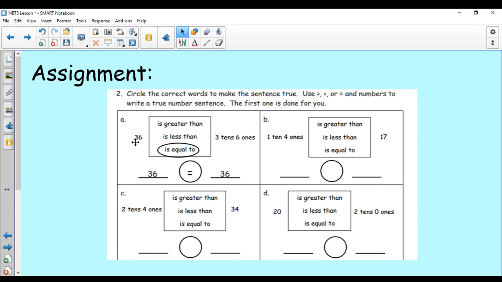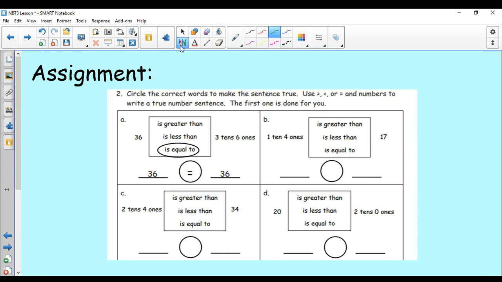They had 36, so they wrote 36 on the line. And then they had to choose between is greater than, is less than, or is equal to. And then the other number was 3 tens and 6 ones. So they wrote out 3 tens, 30, and then 6 ones, 6. 30 plus 6 was 36. So 36 is equal to 36. And then they wrote the symbol for equal to.